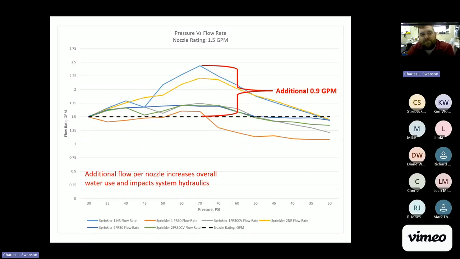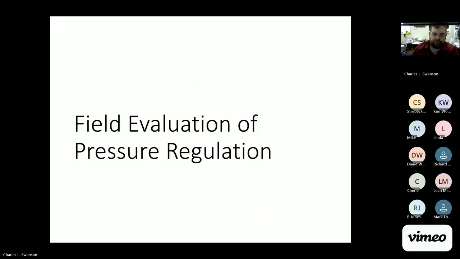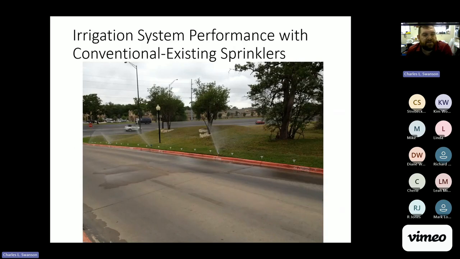So by making sure we maintain the nominal pressure that the manufacturer recommends, we're reducing our water usage and saving water in the long term. And we've verified this in the lab as well as in field studies. Here's an example where we did an audit retrofit at an apartment complex in College Station. This is the irrigation system before, and the system does exhibit signs of high pressure.